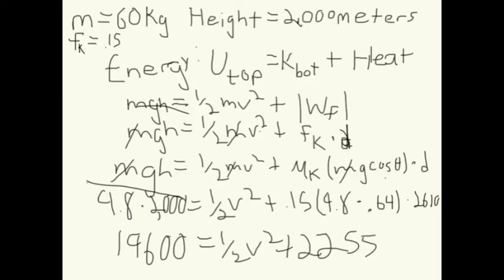And then subtracting 2,255 from 19,600, multiplying by 2, taking the square root of that, we get the final velocity to equal 186.25.